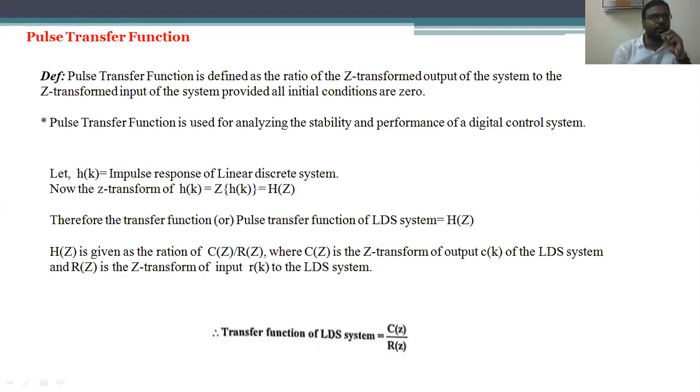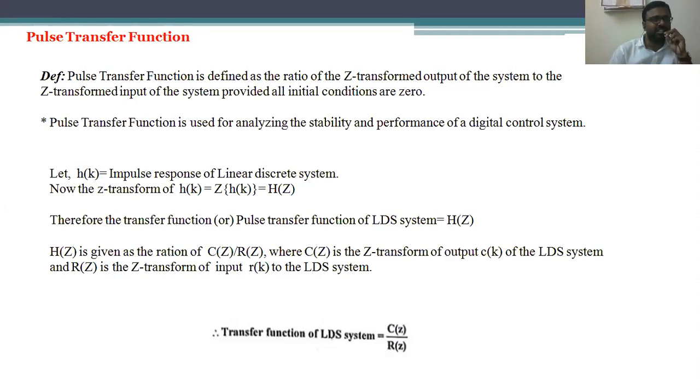Therefore, this pulse transfer function, which is denoted as H of z, is simply the ratio of C of z divided by R of z.